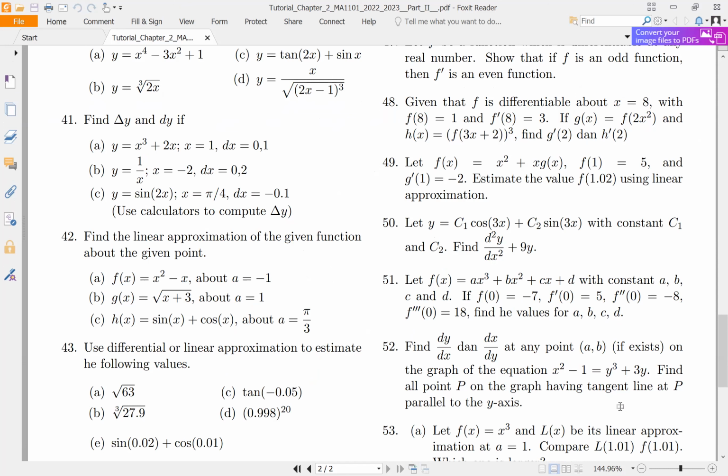That will be the answer. The same applies for h of x; once again, the difference is only the function. Make sure that you know how to calculate the derivative of the function at the given point. Once you get the information, just take the value of the function at the given point a plus the derivative of the function at that point multiplied by x minus a. That's the basic idea.